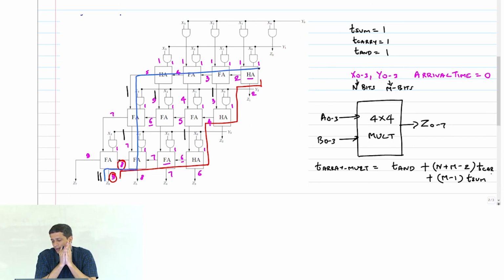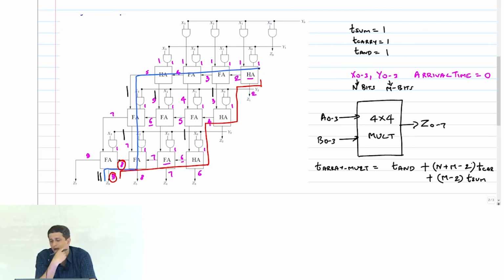Plus, makes sense. m minus 2. Correct. Okay. m plus n minus 2.